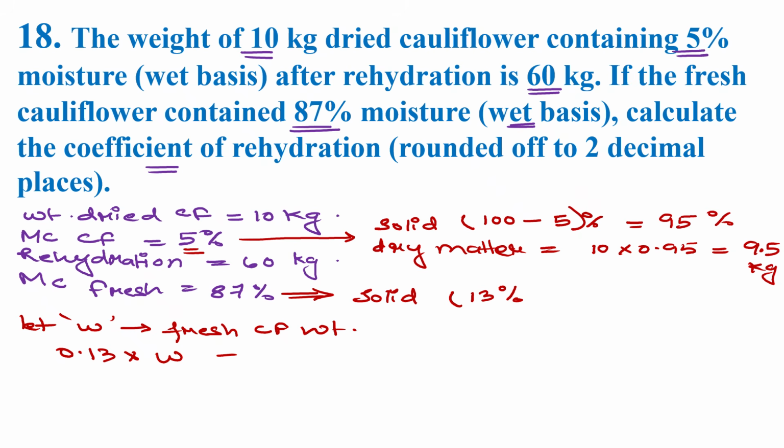So W will get as 73.08 kg. So from here we can now calculate the coefficient of rehydration. So this 73.08 kg is the original fresh cauliflower weight.